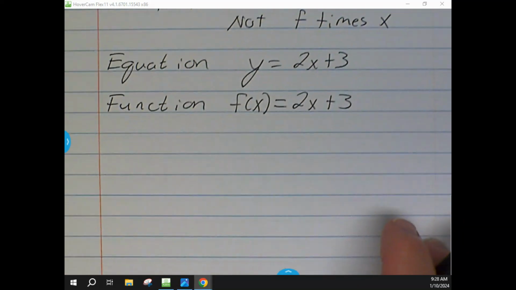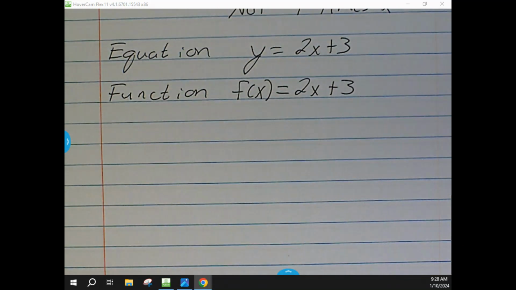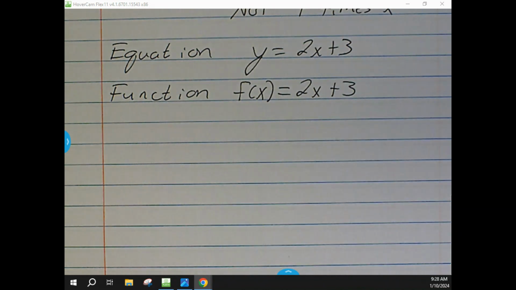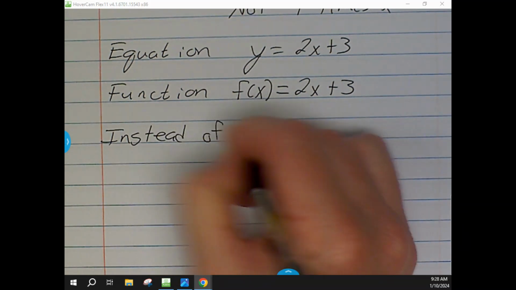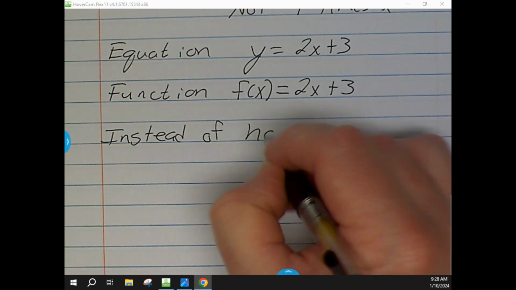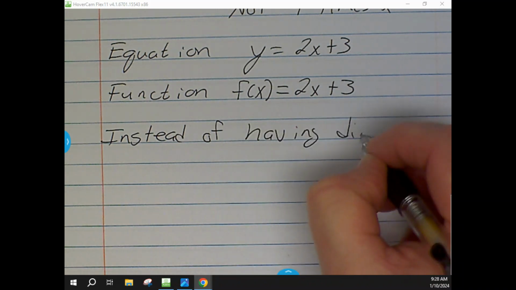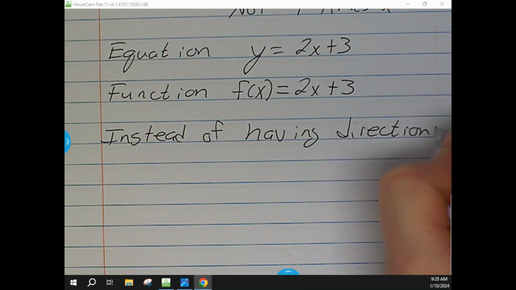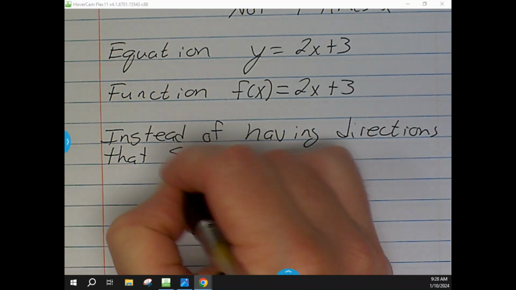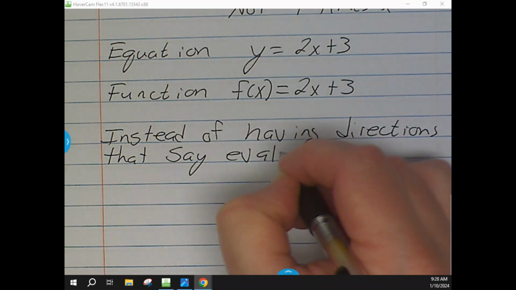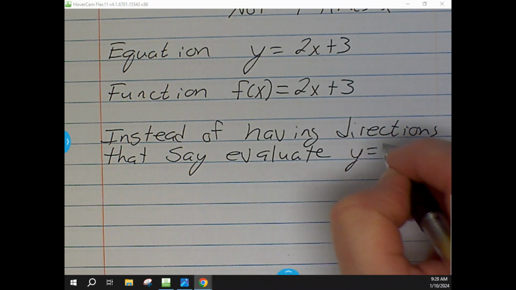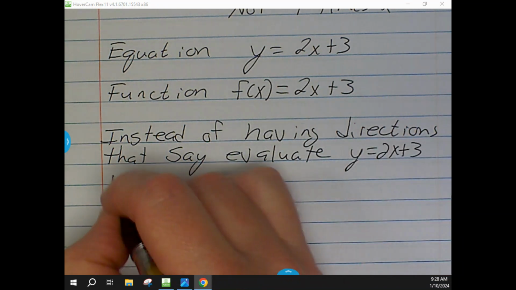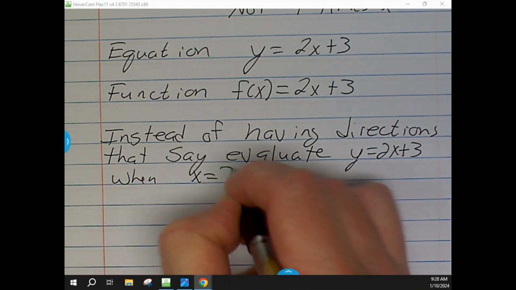Okay, now the big thing that you're going to have to do with these problems is that instead of having directions that say evaluate that equation, y equals 2x plus 3, when x equals 7.